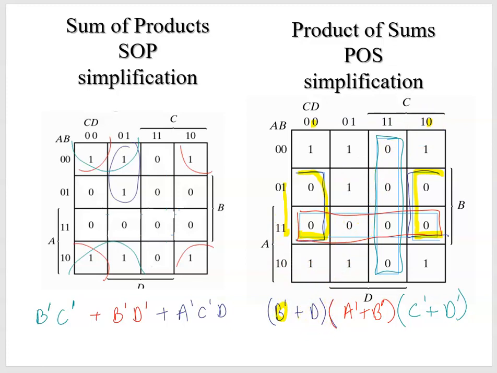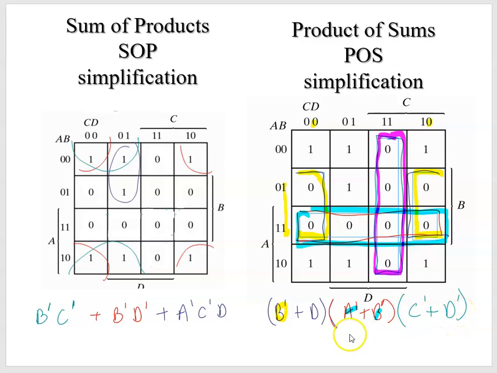And then in this encirclement here, A and B are both a 1, so we use A prime or B prime. And again, here, C and D don't change, they're both 1s, so we use C prime or D prime. We use the prime of each of these terms.